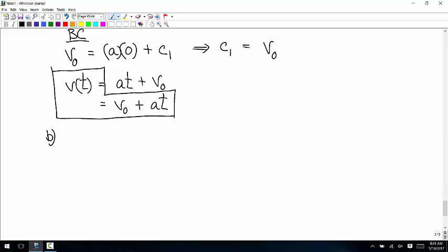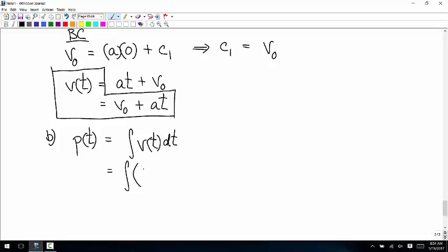Okay, so will you go up to the boards and derive the position as a function of time? Okay, so the position function is the integral of the velocity function with respect to time.